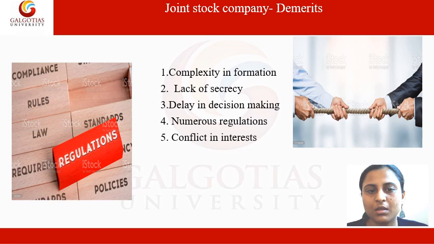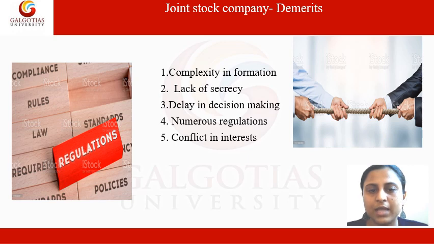Next limitation is numerous regulations. So a company has to fulfill many legal rules and regulations, including audit, filing of reports, preparation of documents, as well as obtaining various certificates.